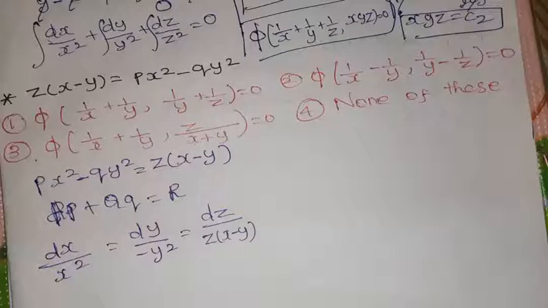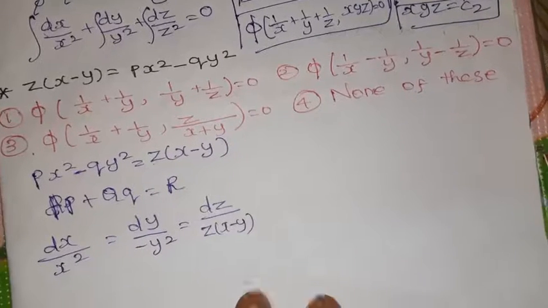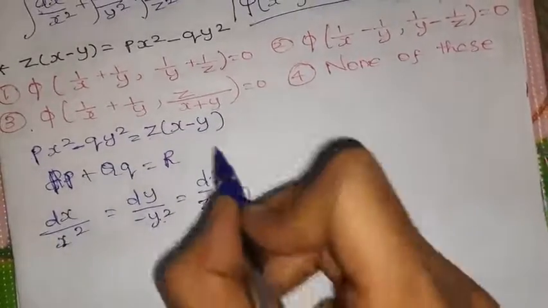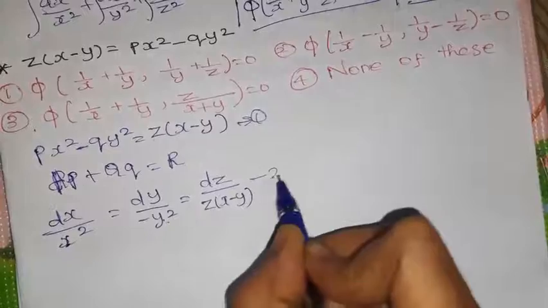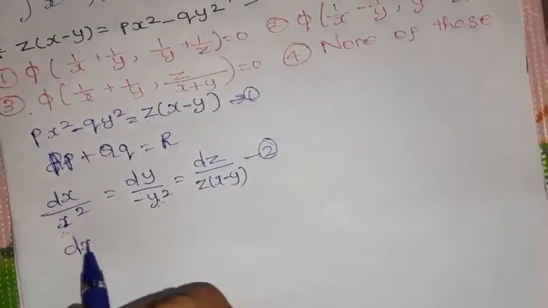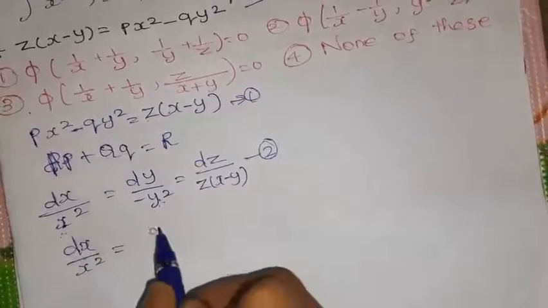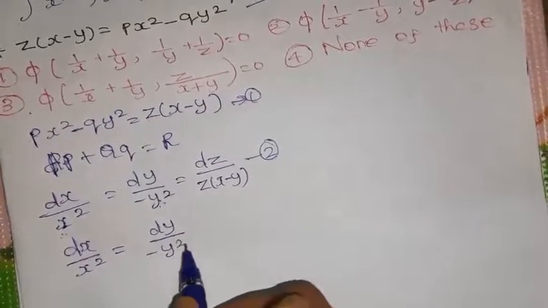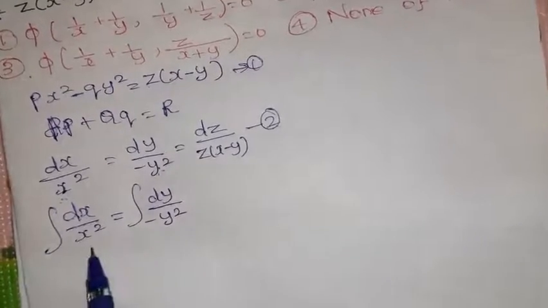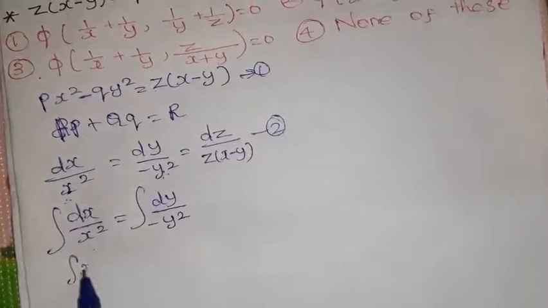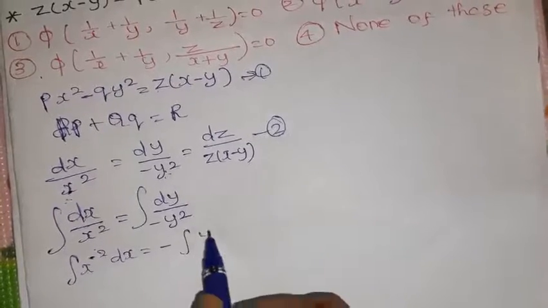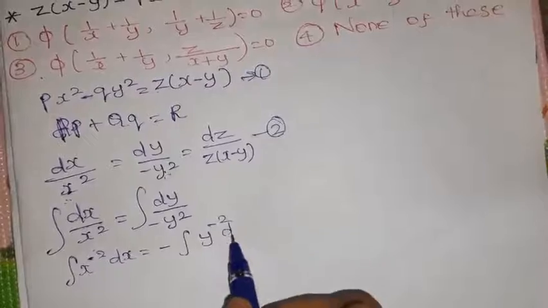Then see, dx by x squared and dy by minus y squared. Calling this equation 1 and this equation 2, equating the ratio 1 and 2, we get dx by x squared equals dy by minus y squared. Integrating on both sides, it is in the form of x power minus 2 dx and minus y power minus 2 dy.